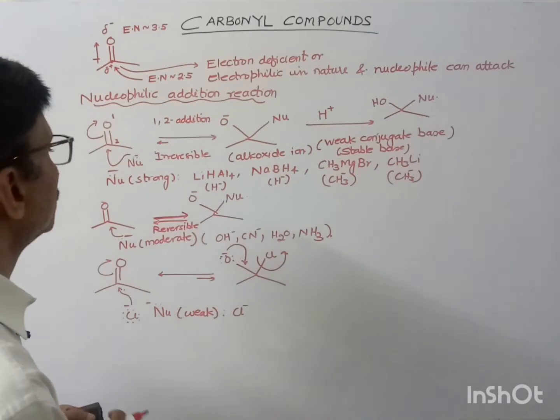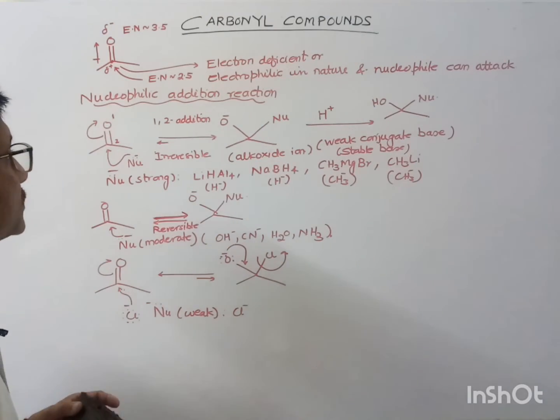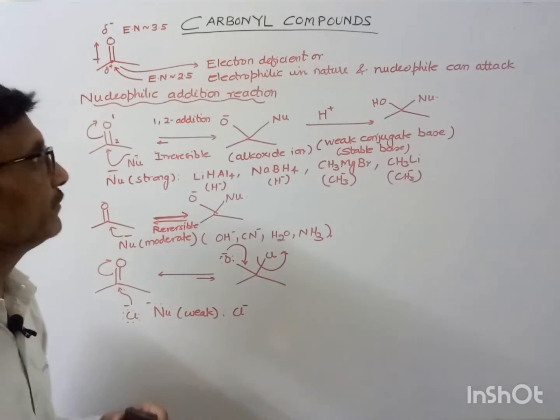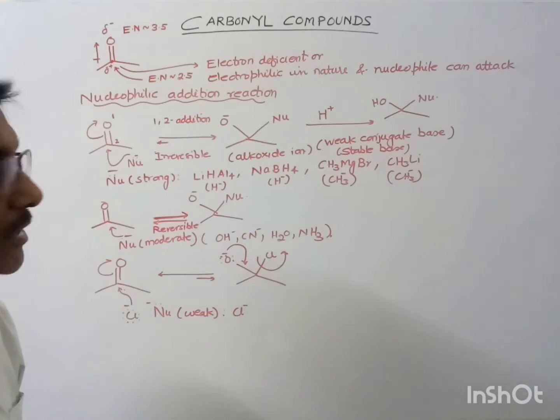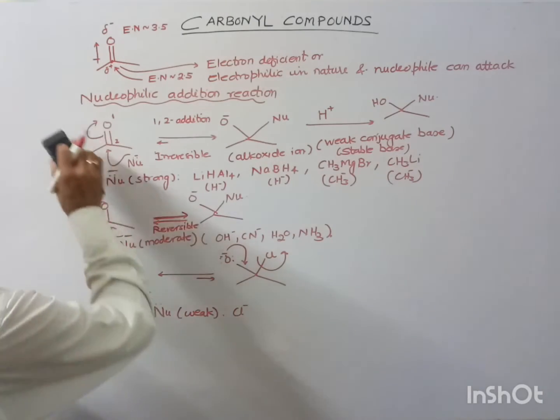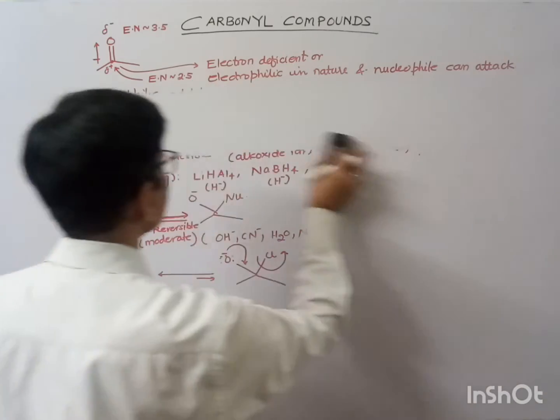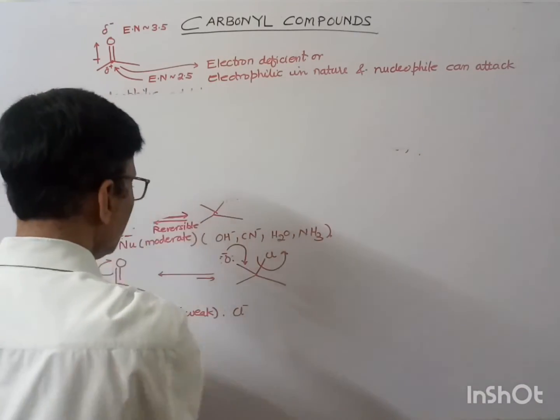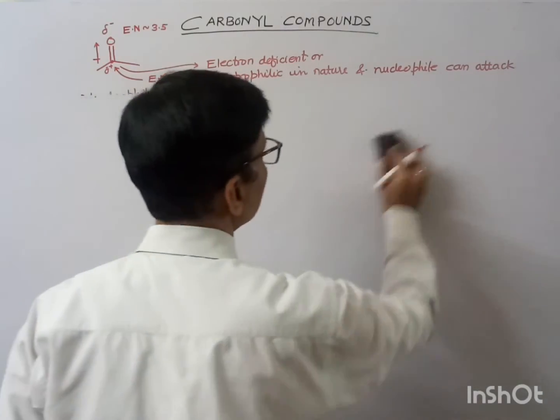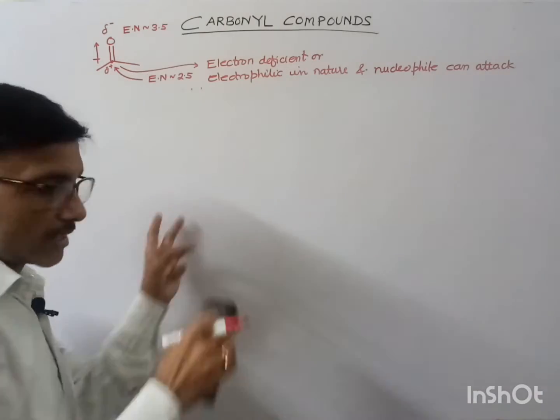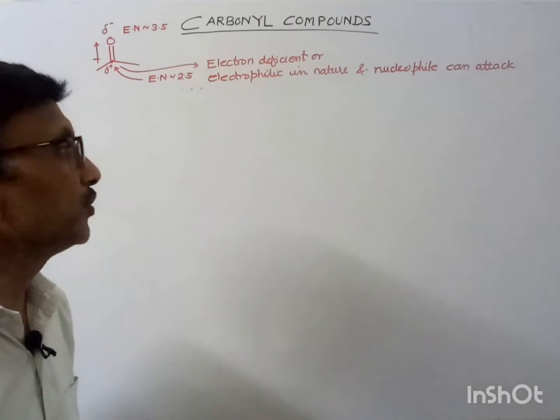in the carbonyl compounds. Now, what are the factors which affect the reactivity of this nucleophilic addition reaction? Let us see. So this is what I have told you, and these are the examples of 1,2 addition.